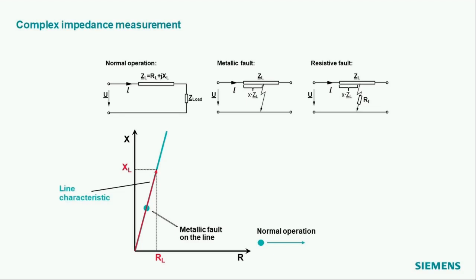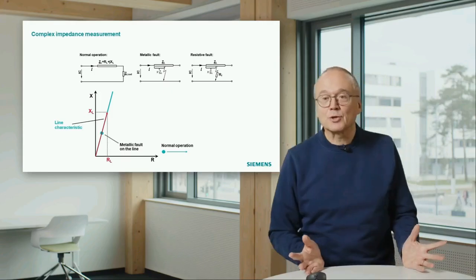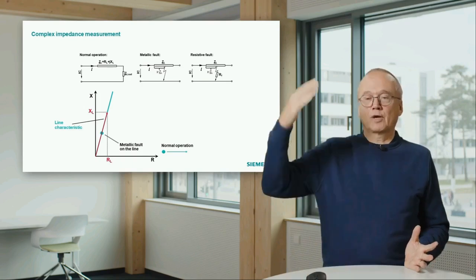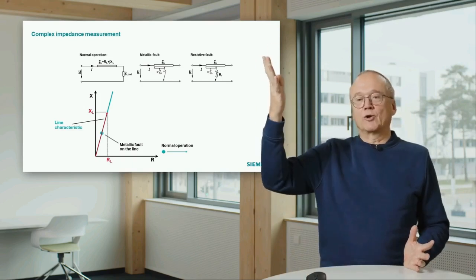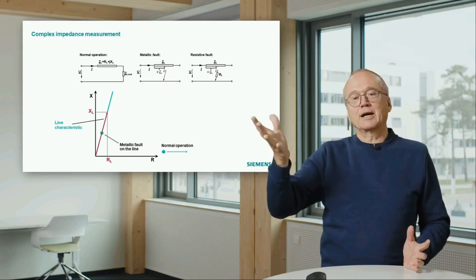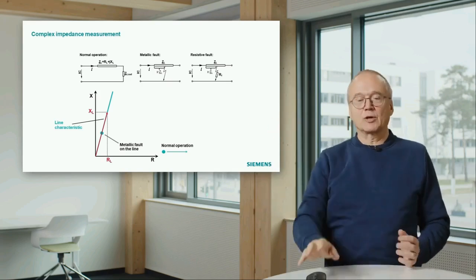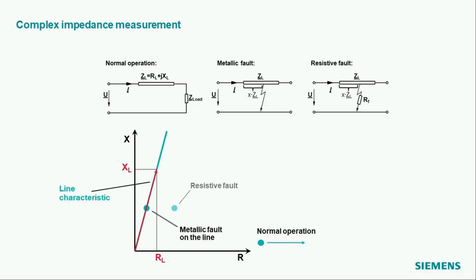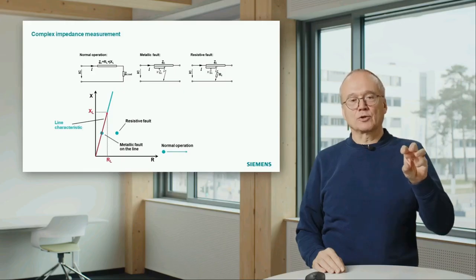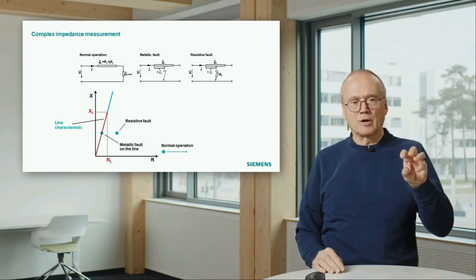And if you have a fault with a fault resistance, that is a thing which also can happen. If you have a phase to ground fault somewhere on the tower, we have a lightning arc with a fault resistance, we have a tower resistance, then you move out to the right. That means a fault without fault resistance is on a certain location on the red arrow.